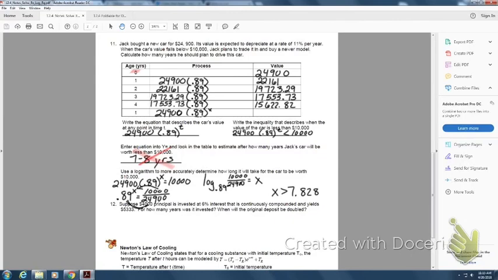Alright, so let's look at the next problem. It says, suppose 4,000 in principal, okay, principal is the same as initial value, is invested at 6% interest, compounded continuously. So, Ryan, what formula are we going to use?